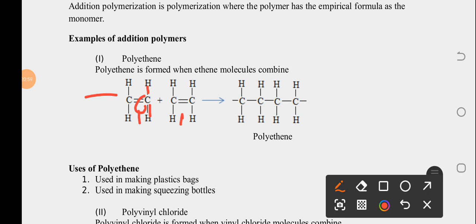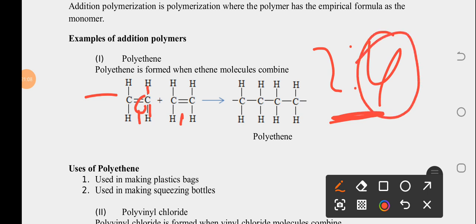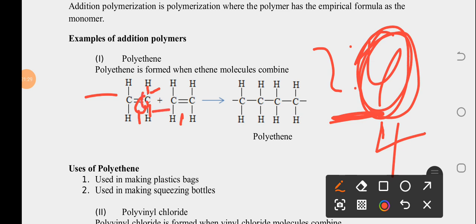Carbon needs 4 electrons to be stable, because of the electron configuration of carbon, which means for it to have 8 on its outermost shell, it has to gain 4 more electrons. So it has got 4 more bonds which need to be bonded. Okay, so as you can see here, we've got 1, 2, and these 2, which is giving us 4.